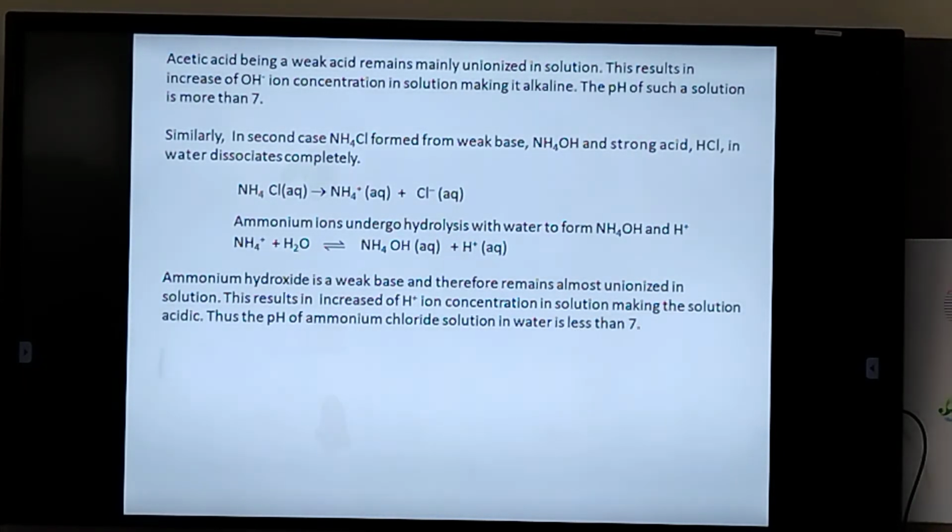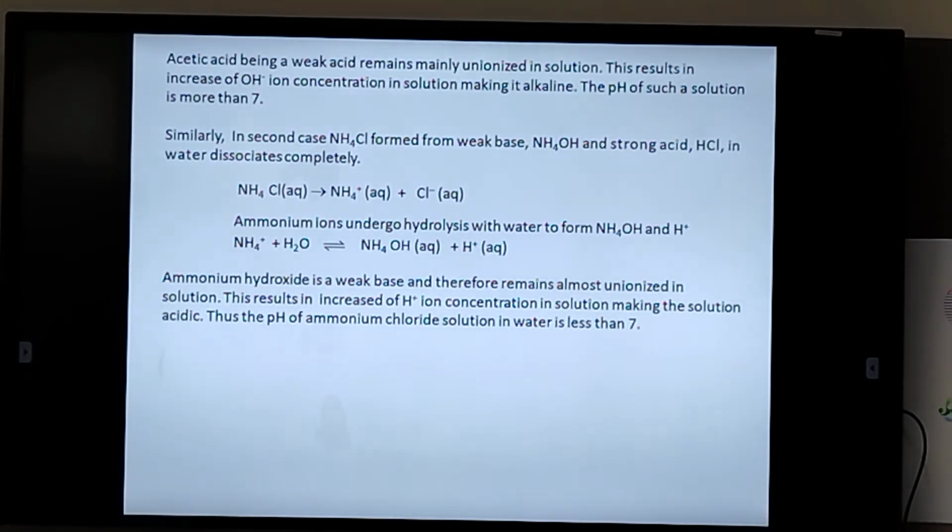Similarly, in the second case, NH4Cl formed from weak base NH4OH and strong acid HCl dissociates completely in water. NH4Cl gives NH4 positive and Cl negative. Ammonium ions undergo hydrolysis with water to form NH4OH and H positive.